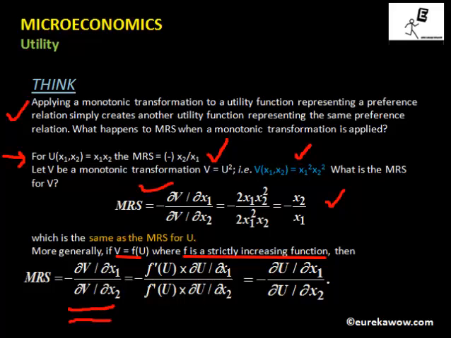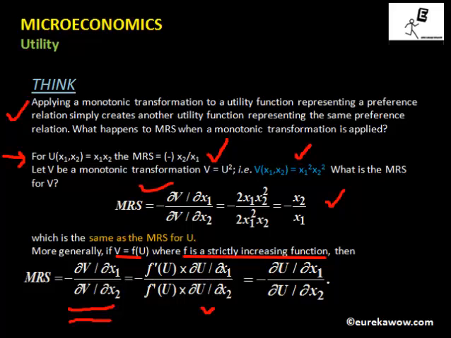This is equal to minus f dash u multiplied by del u by del x1. What we are doing is, first we are doing partial differentiation of the function v, which is a monotonic transformation, with respect to x1, and then with respect to x2.